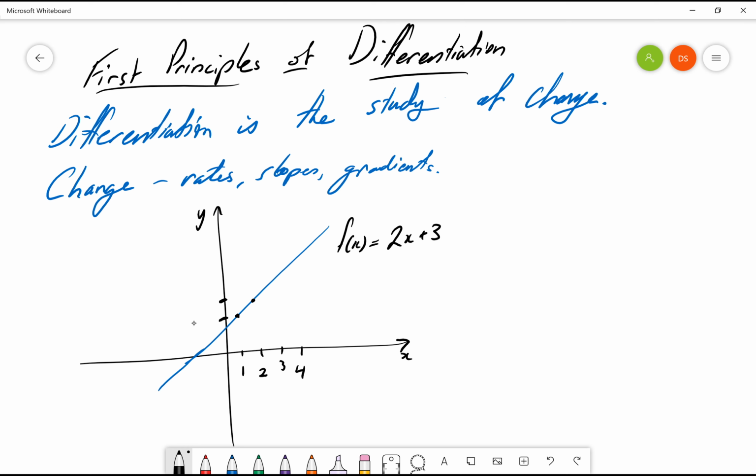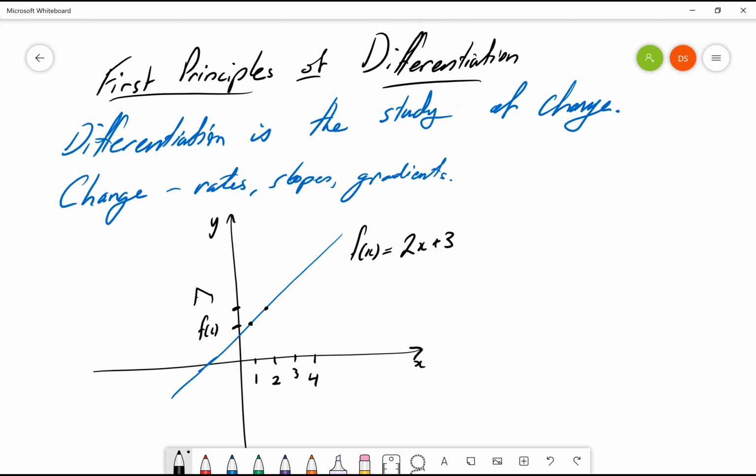What's f of 1? That's 5. I can find out what f of 2 is. And what's f of 2? 7. Right, but I'm just going to write it as f of 1 and f of 2 for now.